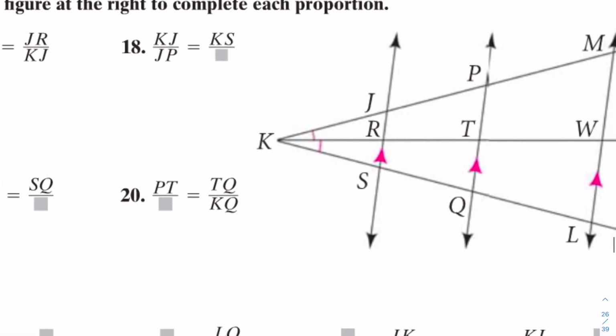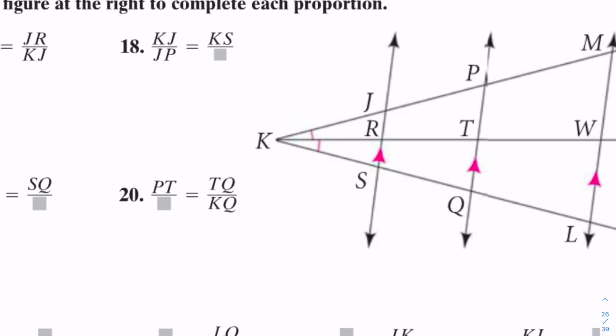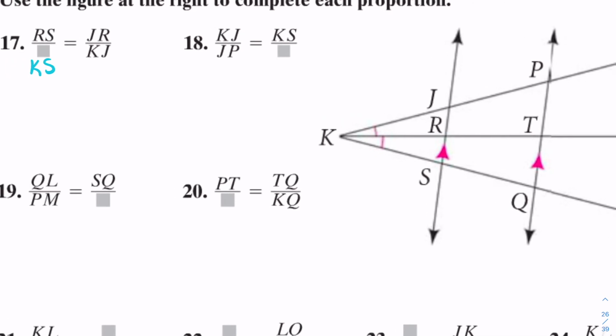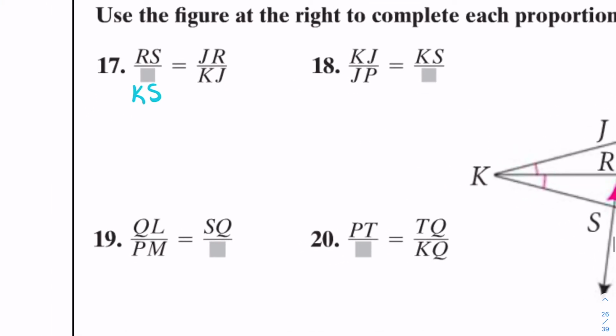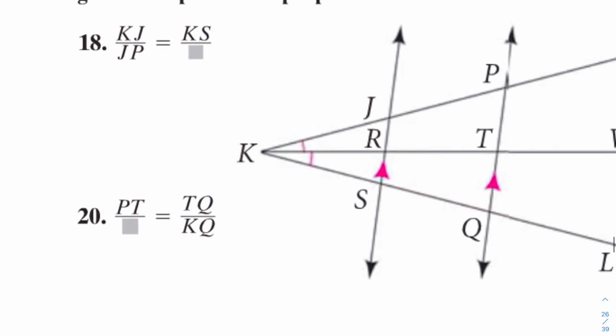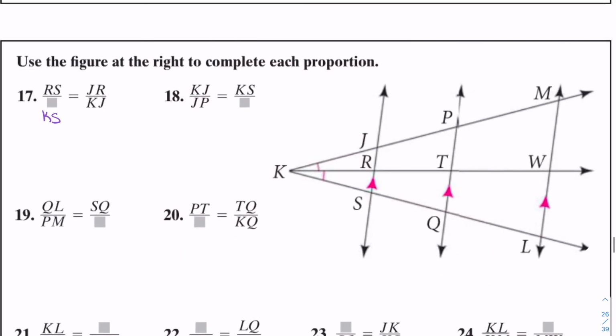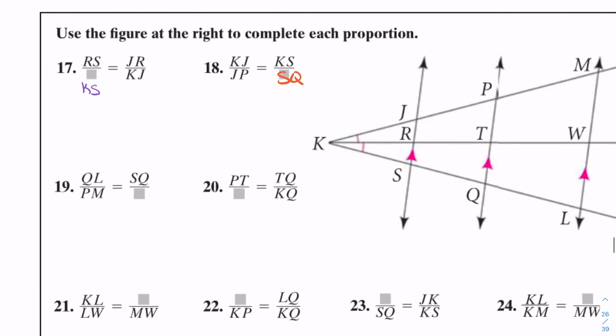Now they have KJ. We already used that color, so we should be using this one, KS. All right, we have KJ. We have JP. We have KS, so SQ is the only one that would make sense. All right, QL.